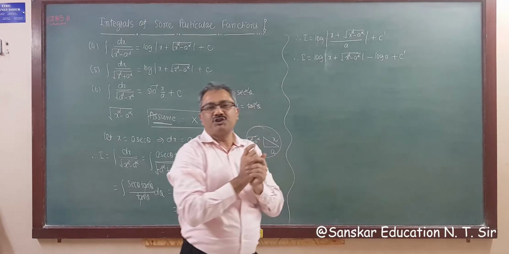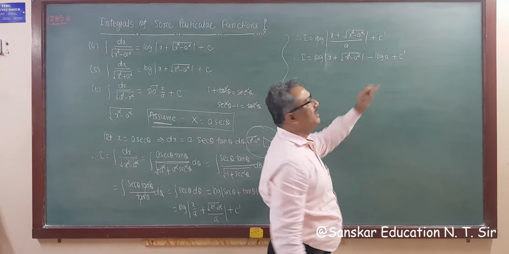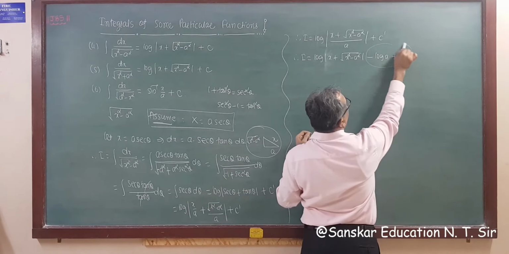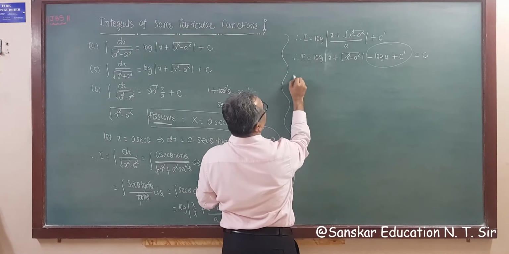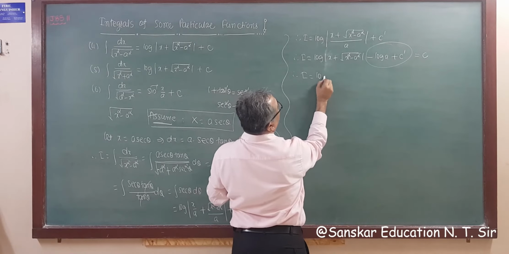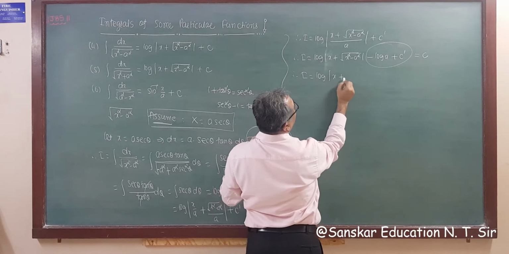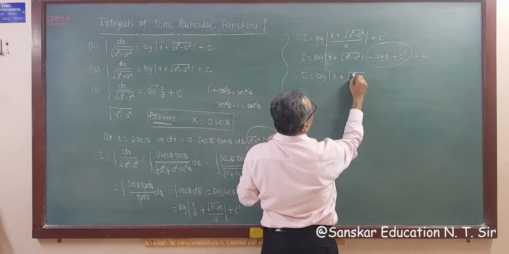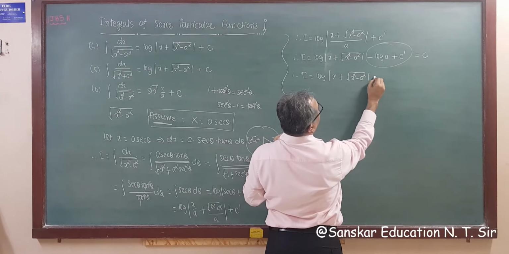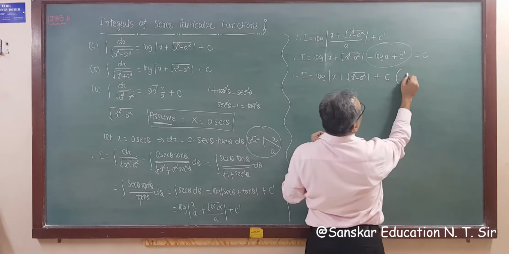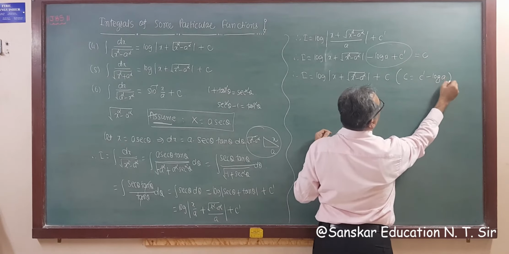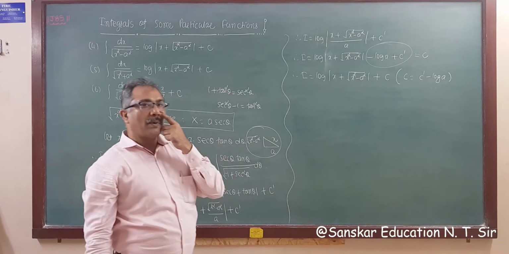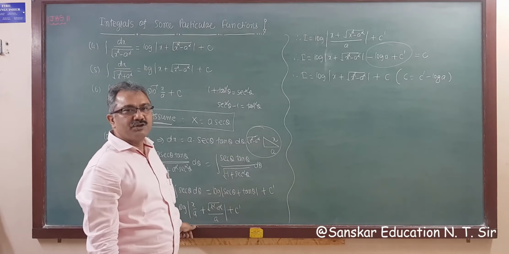Now a is a constant, so log a is also a constant. So instead of this whole term, I am assuming it as c. Your final answer will be I is equal to log x plus under root x square minus a square plus c, where c is equal to c dash minus log a, which we assume as c.